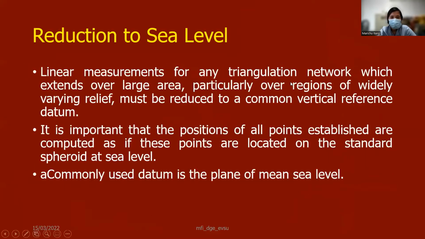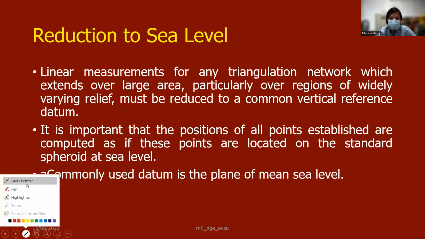Okay. So, why do we need to reduce our measurement to sea level and how are we going to reduce that? When you see linear measurement, so horizontal measurement, we are dealing with horizontal measurement for any triangulation network which extends over a large area.